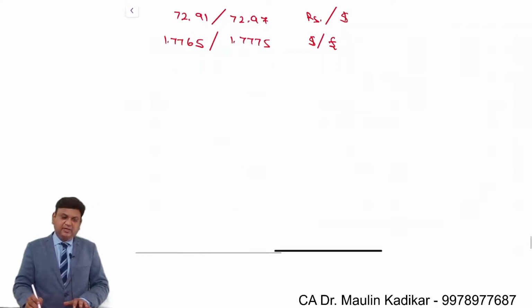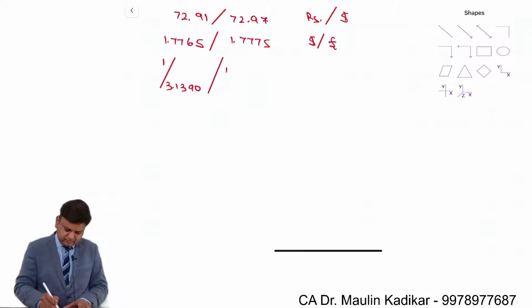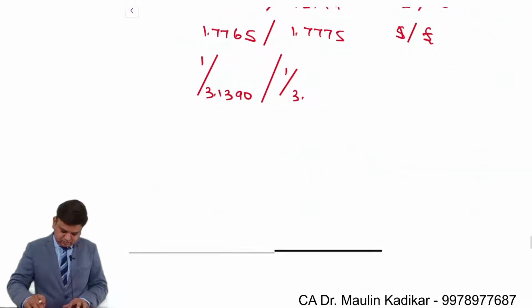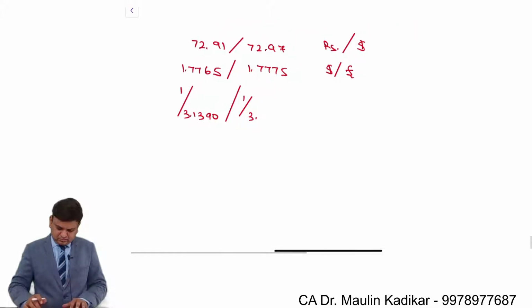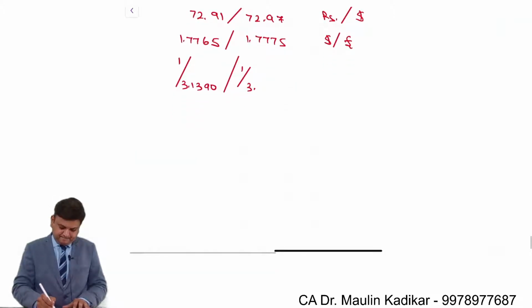Next it is 1 divided by 3.1390 slash 1 divided by 3.1380. It is pound per Singapore dollar.